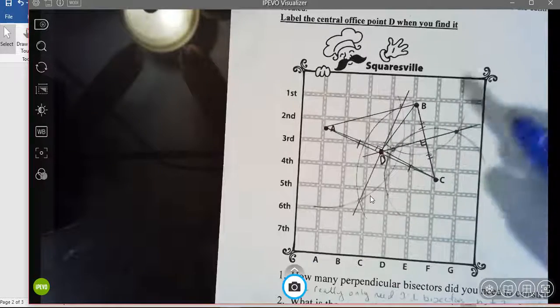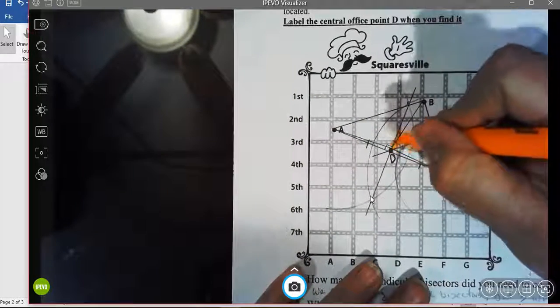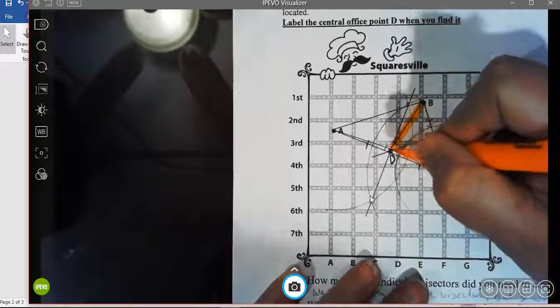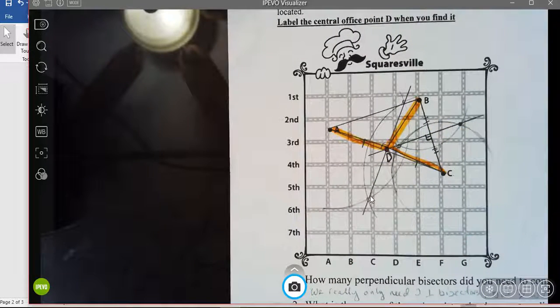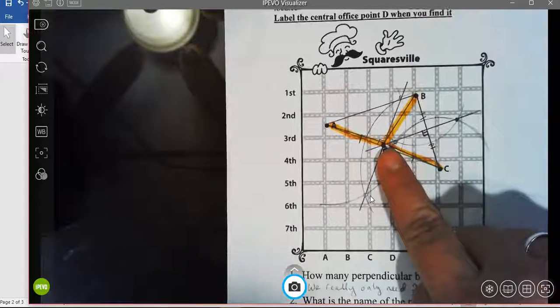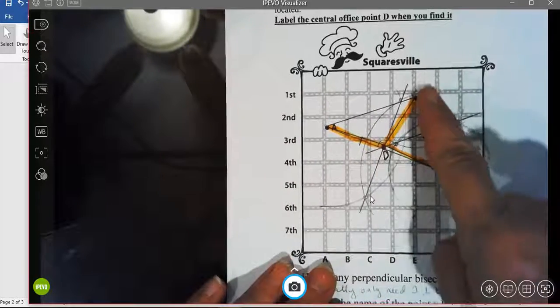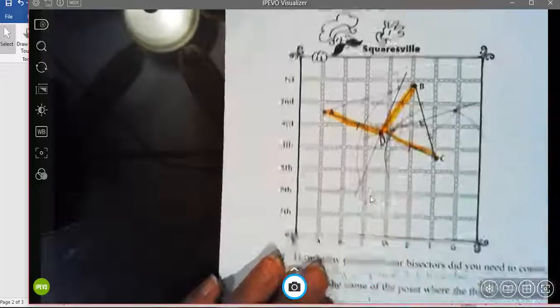And that's what's cool about these perpendicular bisectors. I don't know if you can see those very well. Maybe I'll highlight them so you can see them a little bit better. This guy, and this guy, all of those are congruent. So we know that D is right in the middle of all 3 of these pizzerias, all equal distance.